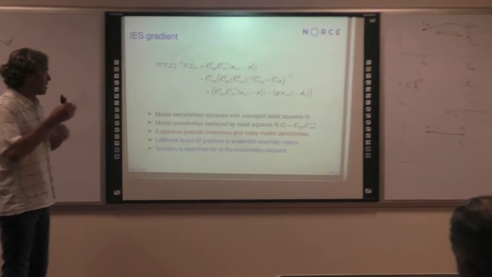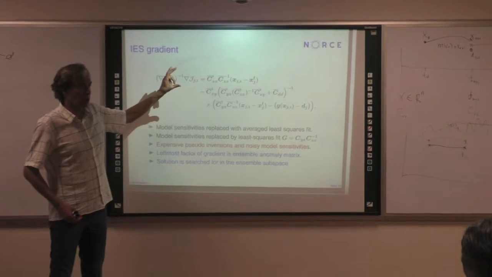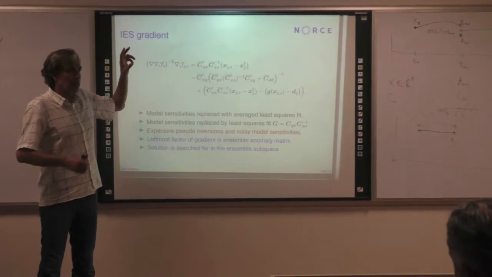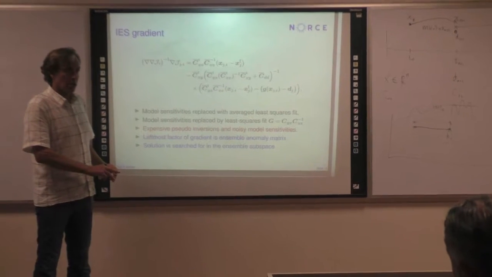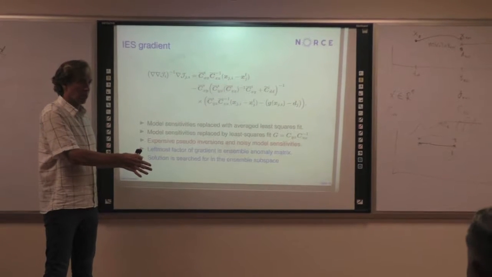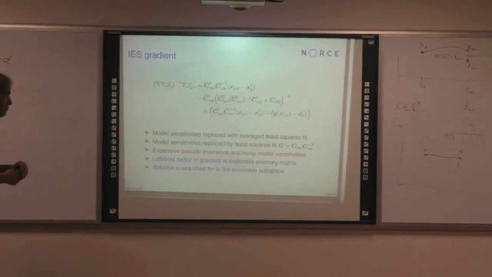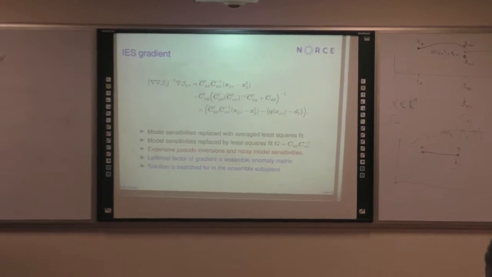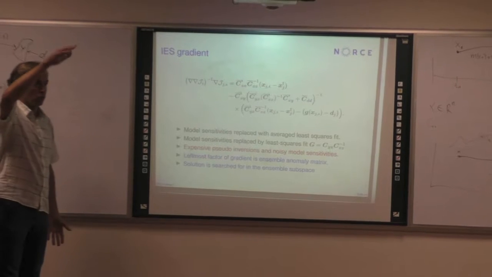In the best of cases, you will have to compute a pseudo-inversion of the full ensemble in every iteration. You can reformulate it to only do it at the initial time, but then the method becomes more approximate. And this is an expensive computation if you have a large ensemble with a huge model state.